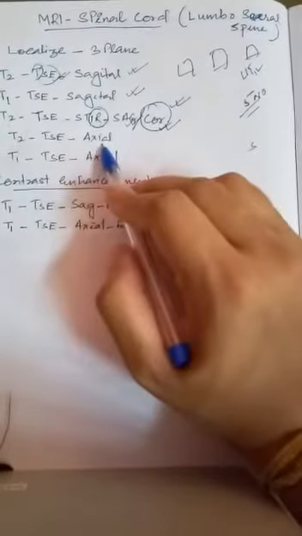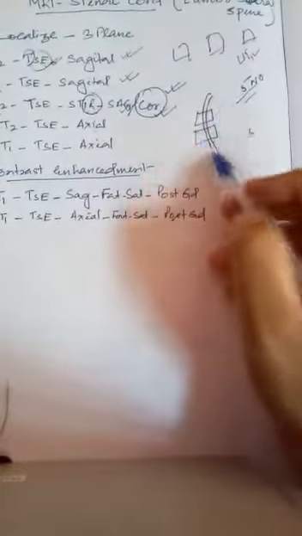Next we are taking T2 axial. How it is taken: suppose this is your spinal cord, and these are your vertebrae. If there is no lesion, then your axial section should be taken in the intervertebral space.